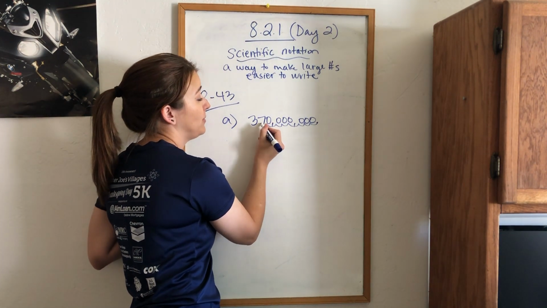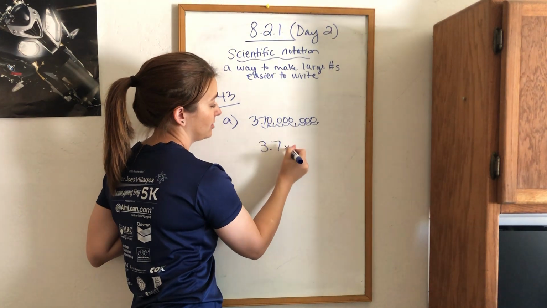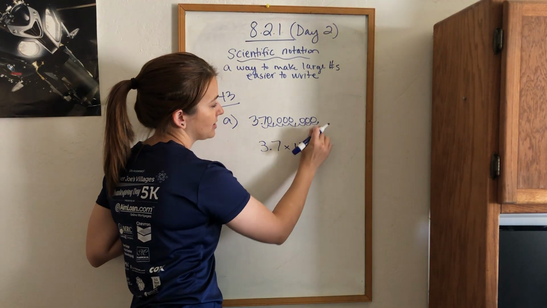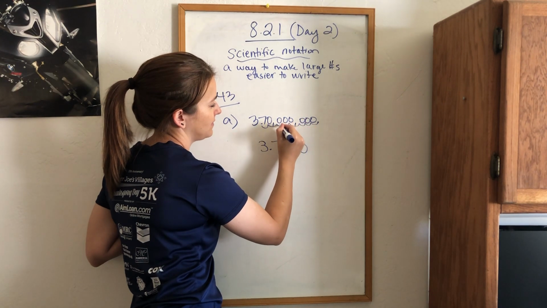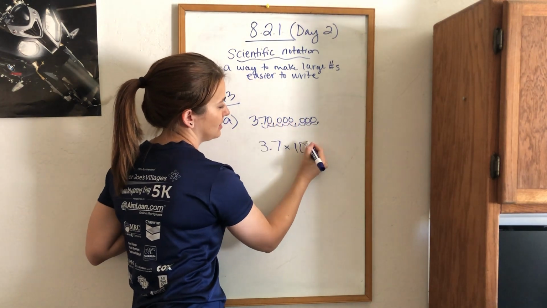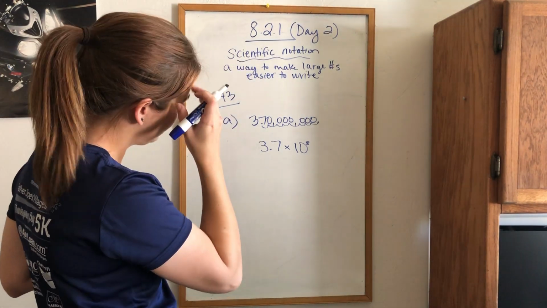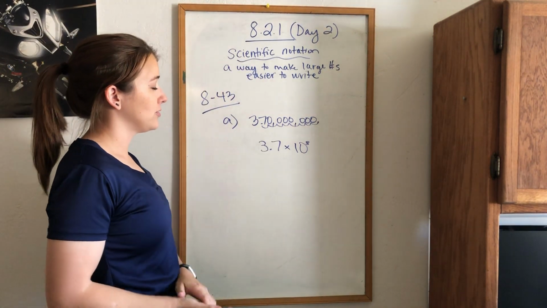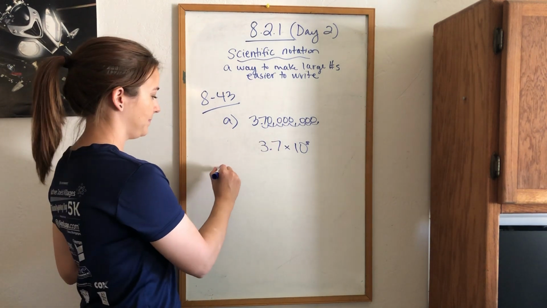Hey look, I'm at 3.7 now. That is my magic number. How many times did we move? I moved 1, 2, 3, 4, 5, 6, 7, 8. Moved 8 times to the left. So that is how you would write 370 million in scientific notation.